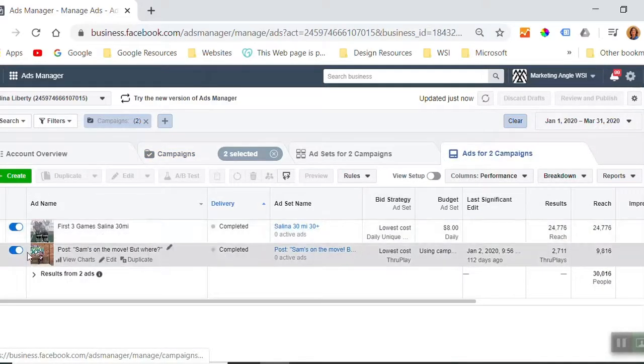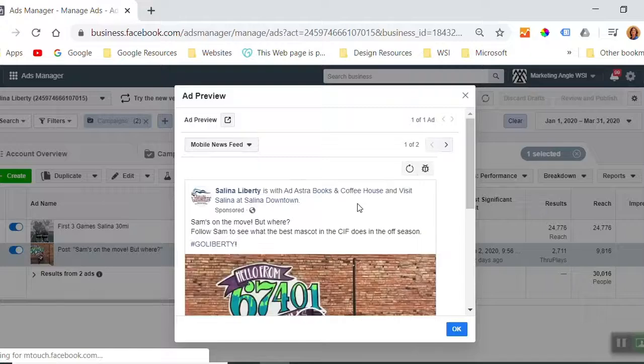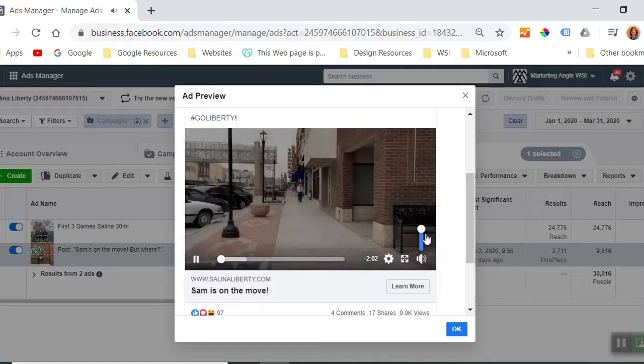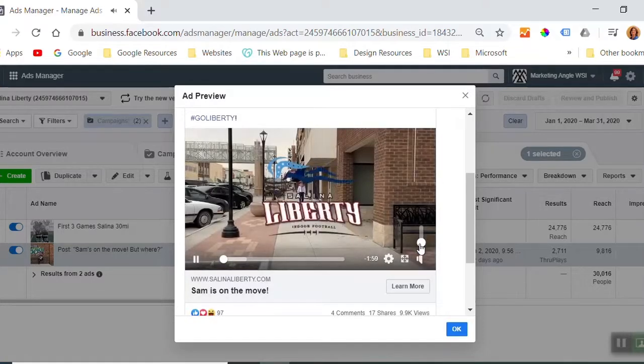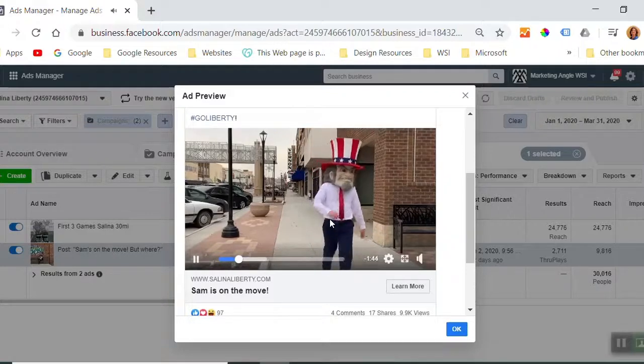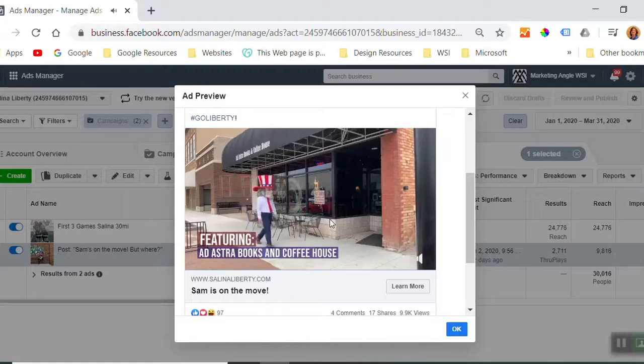The ad itself, for this one, the boosted post, it was a video that we had done to promote Salina Liberty, and so it had some funniness to it, promoting local businesses as well, and just had a storyline that we put out there over about 3 different sessions for Liberty Sam to get a job outside of being the Liberty Sam mascot.